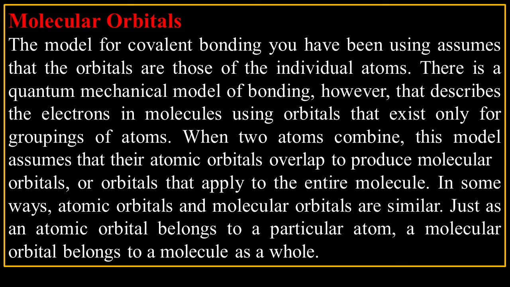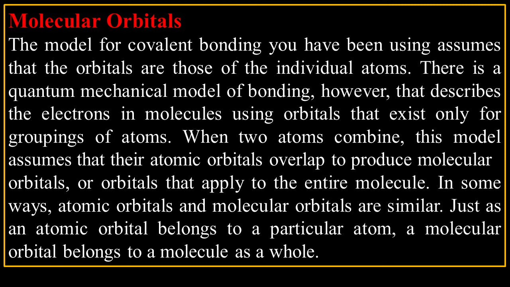The model for covalent bonding you have been using assumes that the orbitals are those of the individual atoms. There is a quantum mechanical model of bonding, however, that describes the electrons in molecules using orbitals that exist only for groupings of atoms.